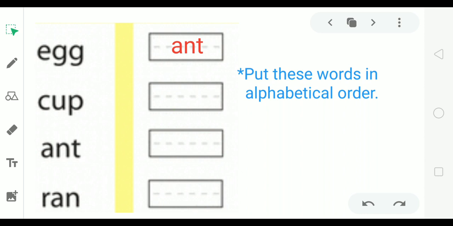After this the word cup will come because in this list there is no word beginning with letter B. After this egg will come because in this list there is no word beginning with letter D, and in the last van will come. So ant, cup, egg, van are in alphabetical order.